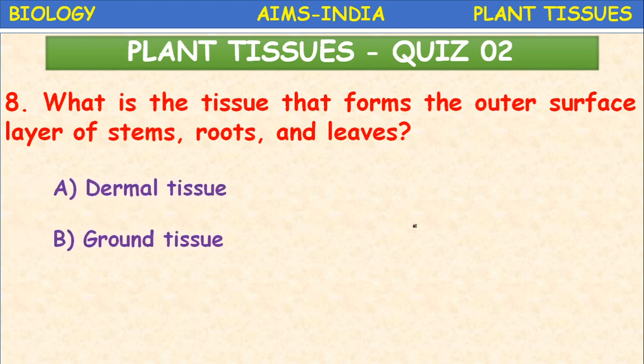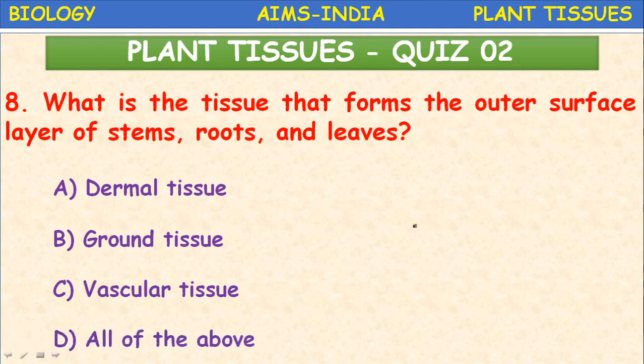Dermal tissues, ground tissue, vascular tissue, all of the above. Here outer surface layer is mentioned, so it is nothing but dermal tissue. Okay children, read the textbooks. Textbooks are not available, repeatedly watch the videos. Okay.